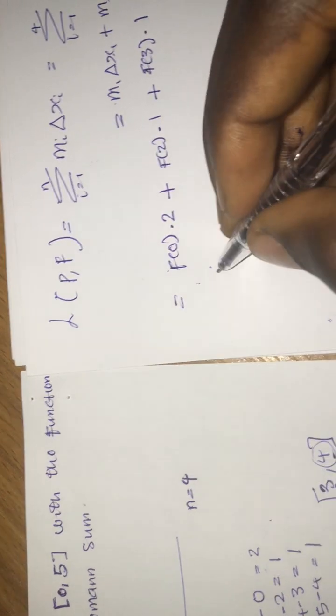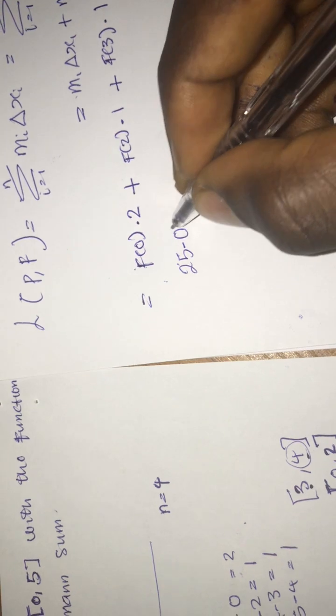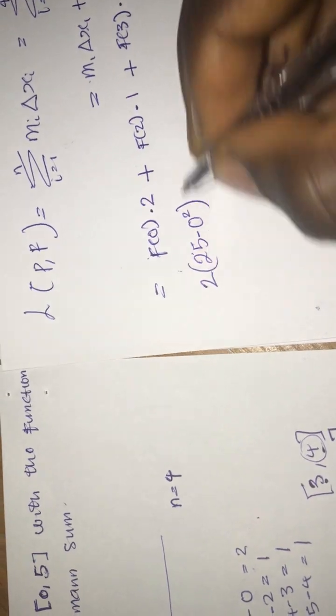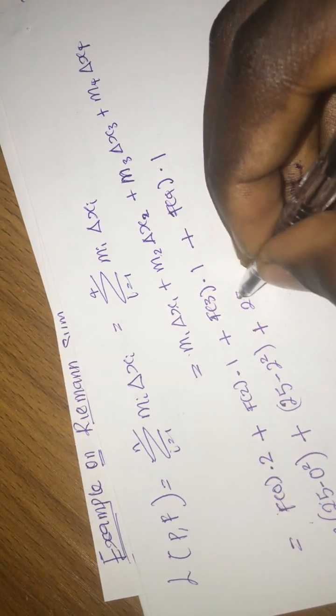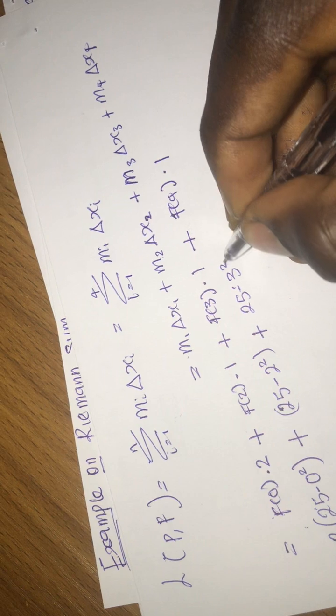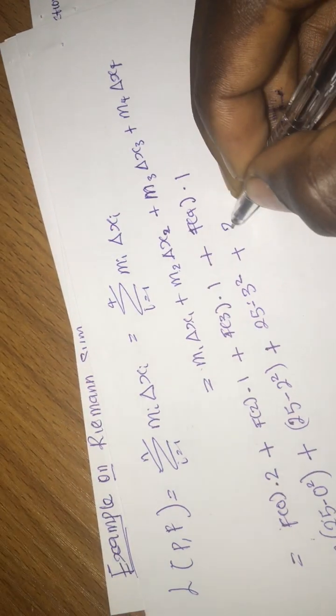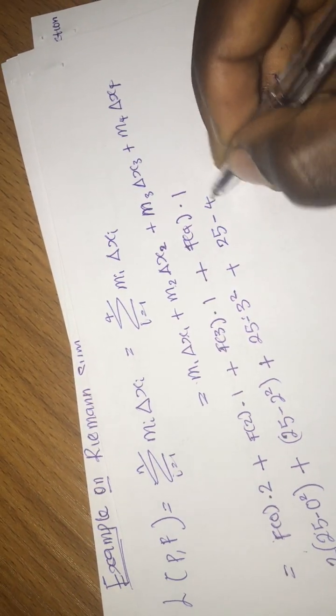So f of 0 will be 25 minus 0 squared into bracket 2, plus 25 minus 2 squared, now plus 25 minus 3 squared, now plus 25 minus 4 squared.